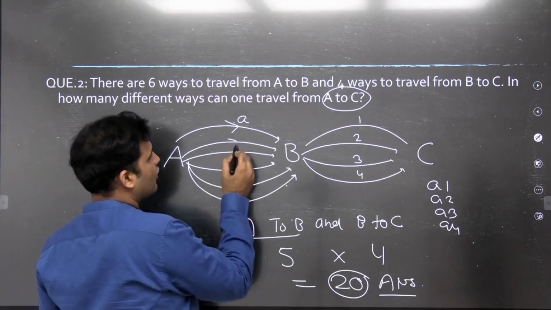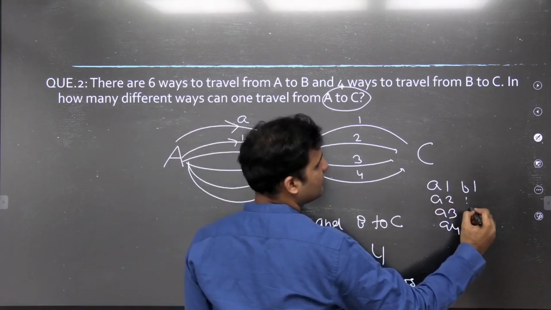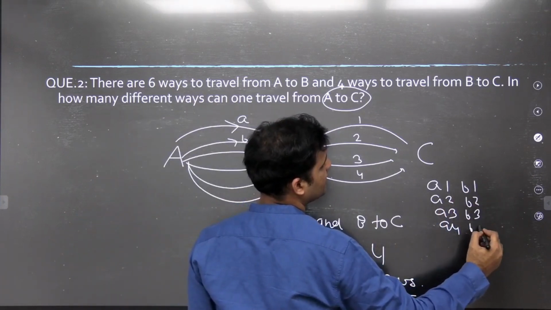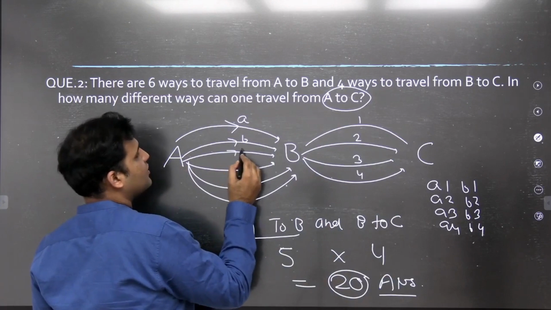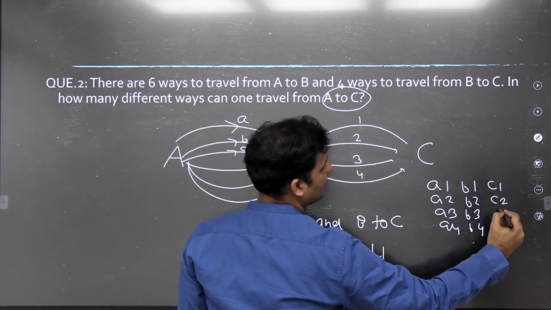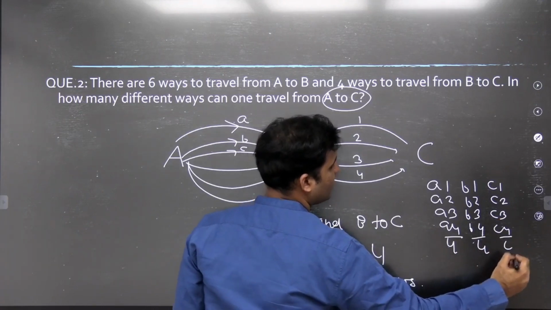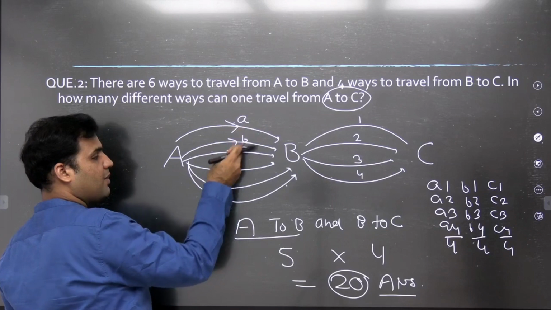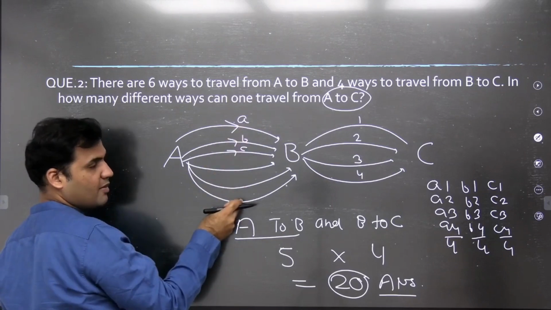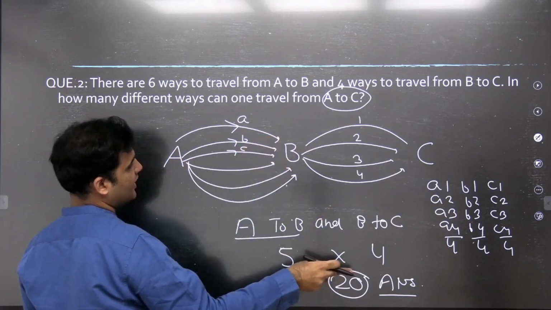Similarly, if I go from A to B with the route number B, then again B1, B2, B3, B4 बनेगा, ठीक है. Similarly, A to B मैंने C route लिया, so again C1, C2, C3, C4 बनेगा. So you see 4 combination ये 4 ये 4 कितनी बारी बनेगा? 5 बार बनेगा, बिकॉज ये रोड के ऊपर डिपेंड कर रहा है. अगर मैं C से D जाऊंगा तो फिर से 4 टाइम्स, E जाऊंगा फिर से 4 टाइम्स, राइट.